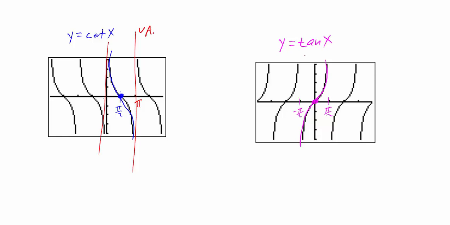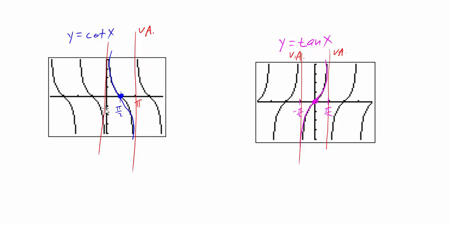And notice over here we have vertical asymptotes at pi over 2 and negative pi over 2. So if we look closely, compare the vertical asymptote over here with the cotangent to where it crosses the x-axis over here on the tangent.